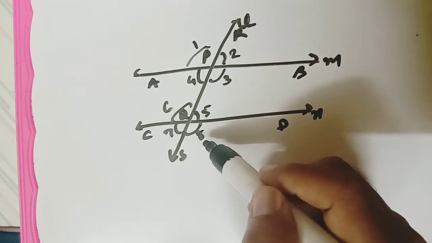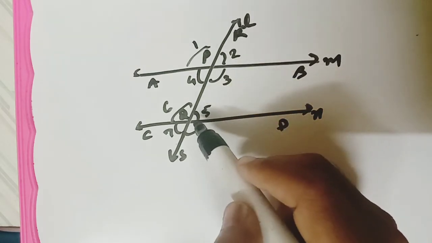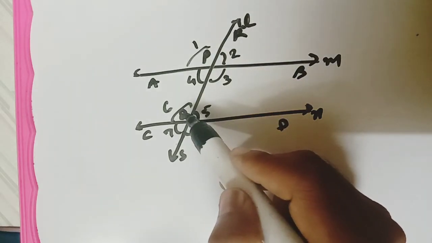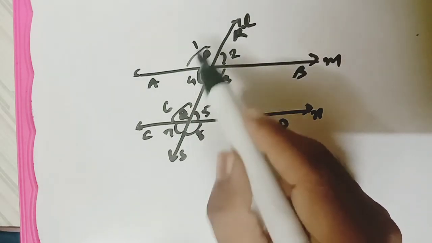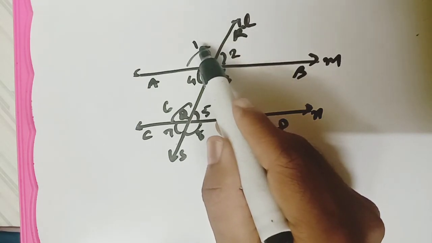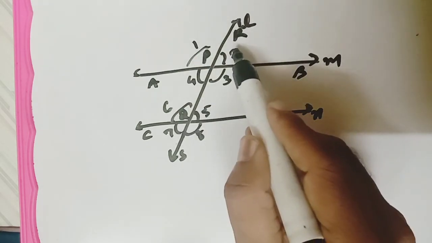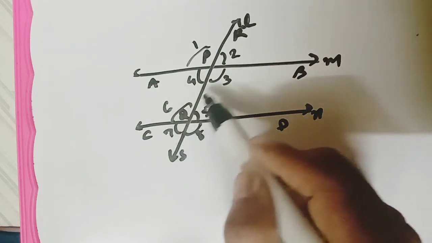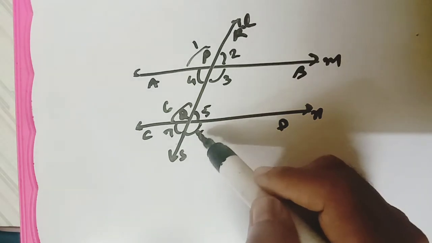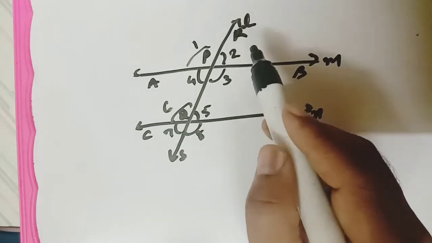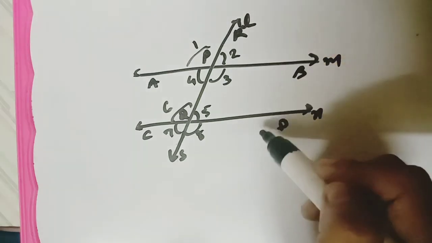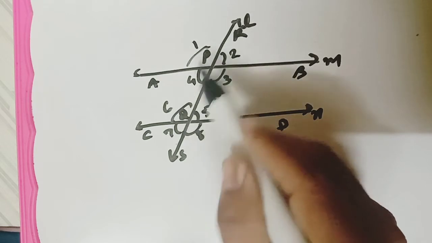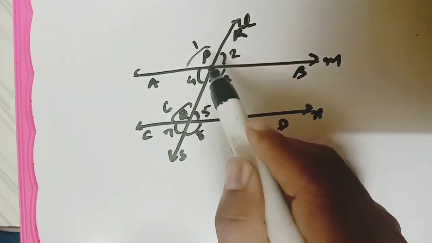This means that for parallel lines cut by a transversal, the corresponding angles formed are equal. Whatever the measurement of 1, the same is 6; of 2, the same is 5; of 4, the same is 7; and of 3, the same is 8. So the first result for two parallel lines is that if the transversal makes corresponding angles, those corresponding angles are equal.